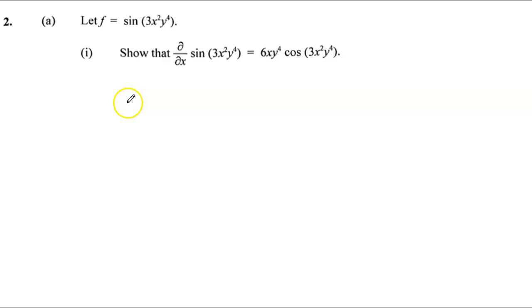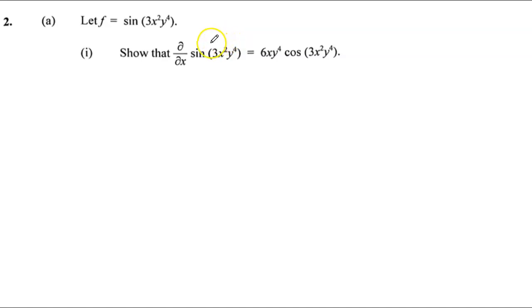We are now at question 2. Show that the partial derivative with respect to x of sin(kx squared y to the 4th power) is a proof. We're asked to differentiate the function with respect to x. So it's a partial derivative, which means we're going to treat y as a constant.